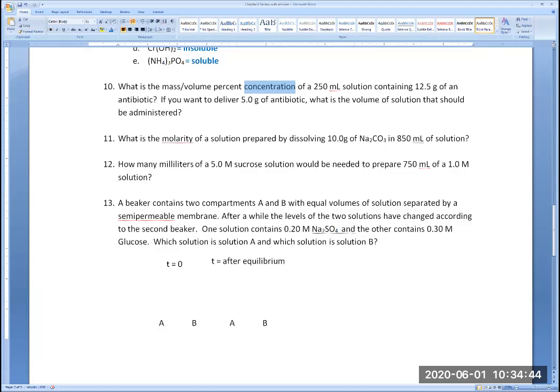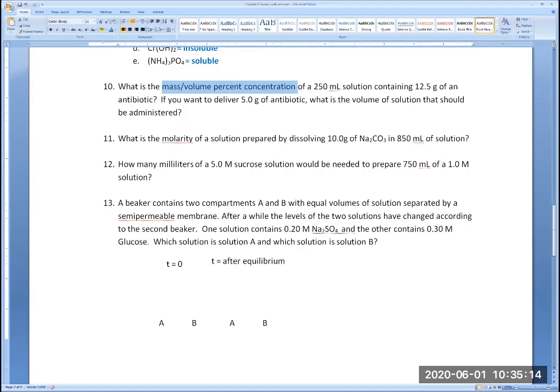The chapter goes through the mass per volume percent. There is also the volume per volume percent. The mass per mass percent also exists. Molarity also we will study. So let's practice calculating the mass per volume percent concentration of a 250 milliliter solution containing 12.5 grams of an antibiotic.